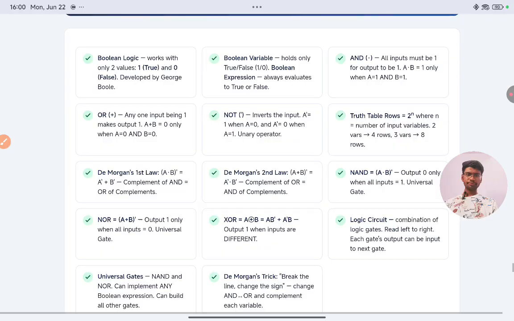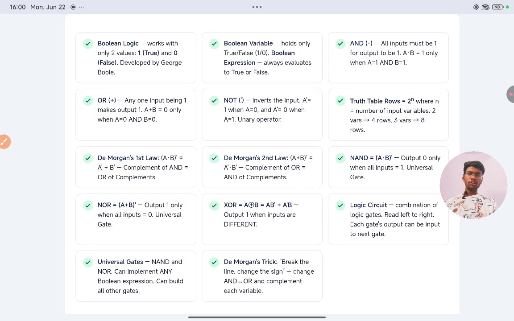So what we learned today: we learned the Boolean logic, right? It works with two values, 0 and 1, true and false, developed by George Boole. We learned about Boolean variables, represented by any uppercase letter like A, B, C, X, Y, G, anything. It holds only two values, either 0 or 1, that stand for false or true.